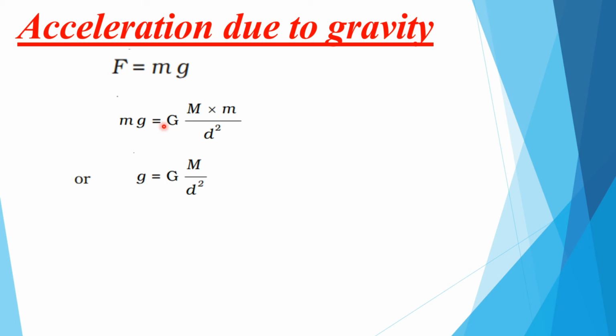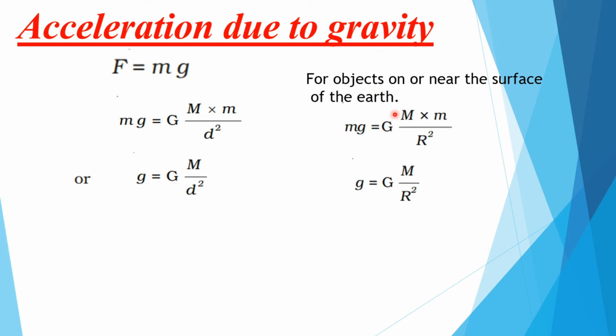So F is equal to G M m upon d square. Now equating both the forces, mg is equal to G M m upon d square. Cancelling out this m, we will get the value of acceleration due to gravity as g is equal to G M upon d square.